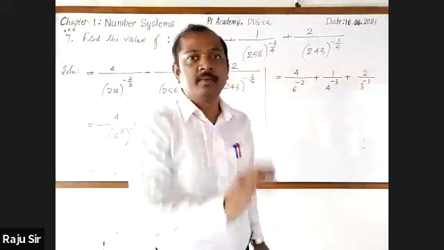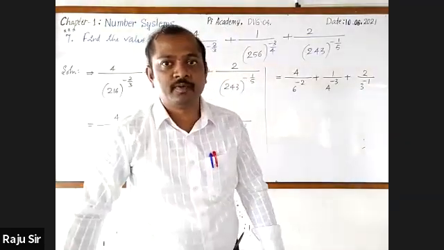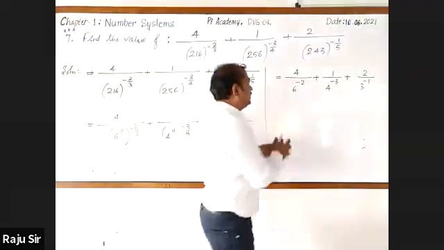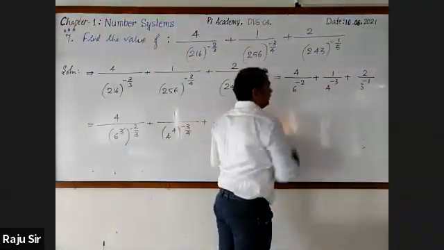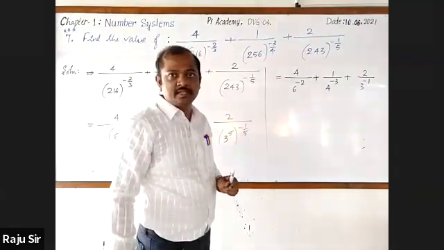Prajwal is trying. Prajwal, you tell. Sir, 4 divided by 1 by 6 to the power 2. Means you are telling that it should be written as 1 by 6 square. Sir, 4 into 6 to the power of 2.